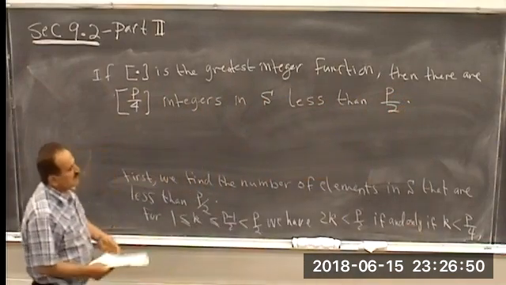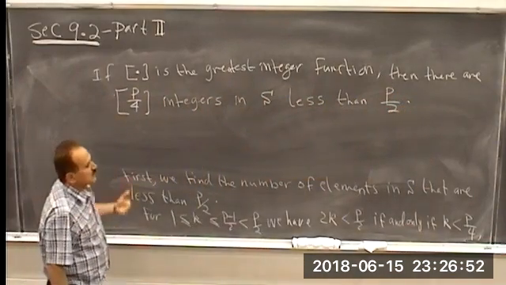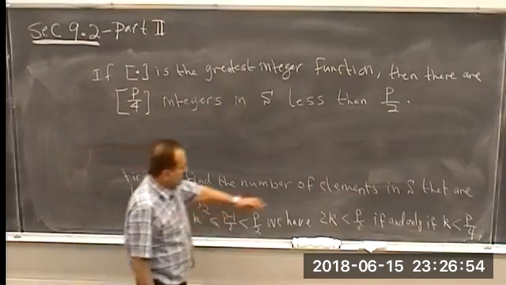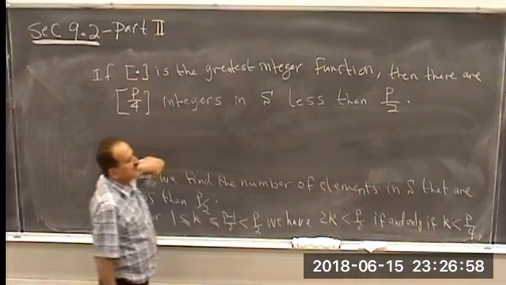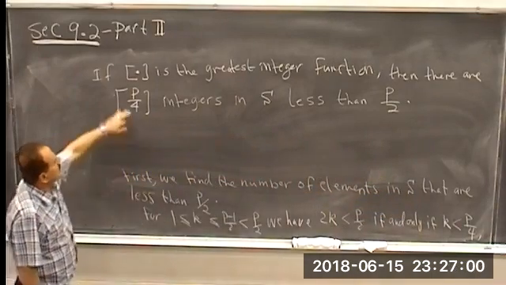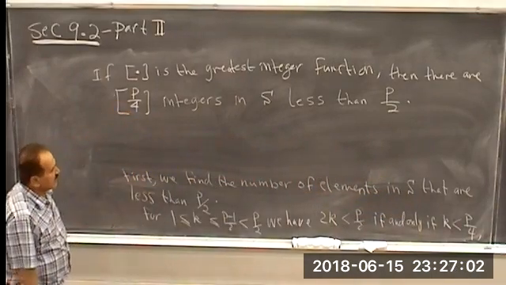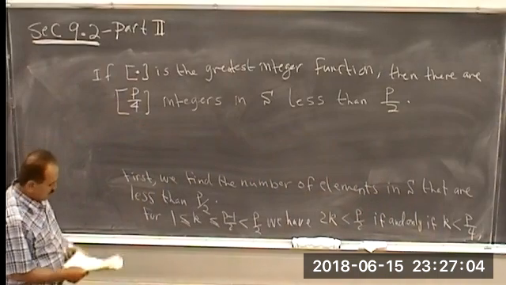Because k must be less than or equal to it, so the multiples of 2 could be up to this one, which is the largest integer smaller than or equal to p over 4, and that's what this exact number is.